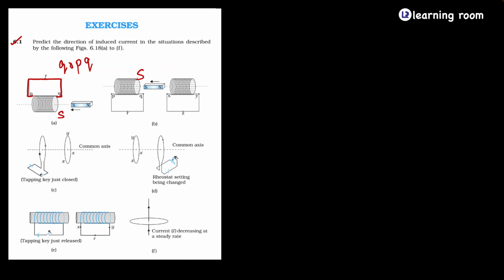So the first loop is getting connected to the next loop on the left of it. It is not getting connected to Q. Had the current been in the anti-clockwise direction, had it been a north pole, the current would have been anti-clockwise, and then this loop would have joined Q. But the current, after completing the clockwise turn when you're looking from this side, goes to the subsequent loop, not to Q.